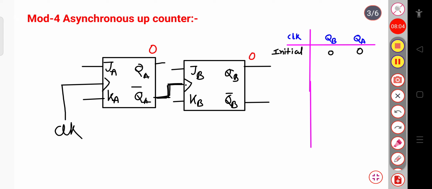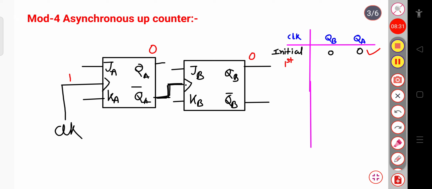When the first clock pulse is given, here I am writing first. For the first clock pulse, when it goes to the first flip flop, what will happen to this QA? Since this is in the toggle condition, QA is 0. From this table you can see the previous value in memory is 0.